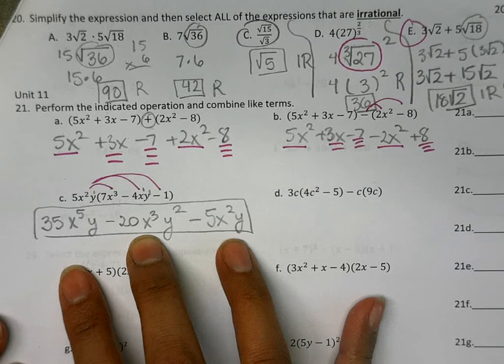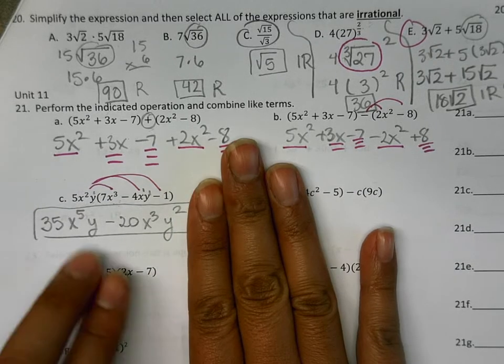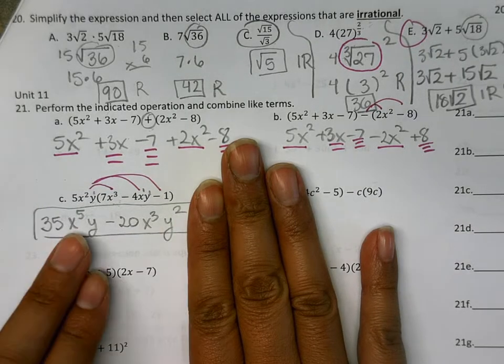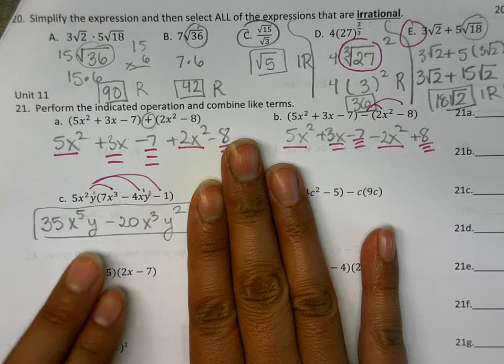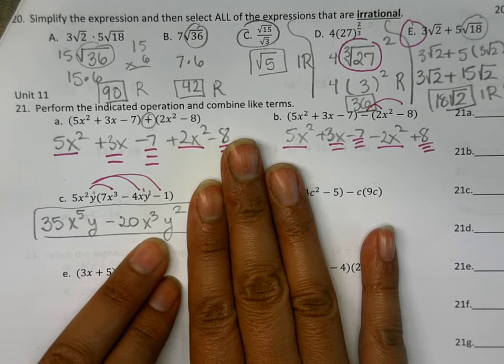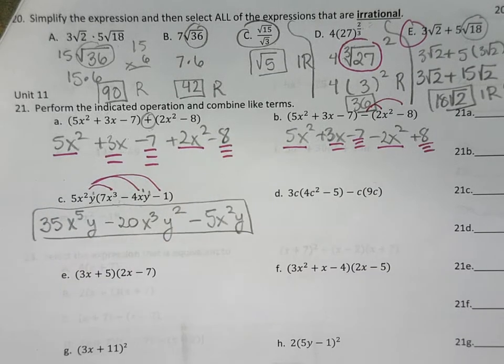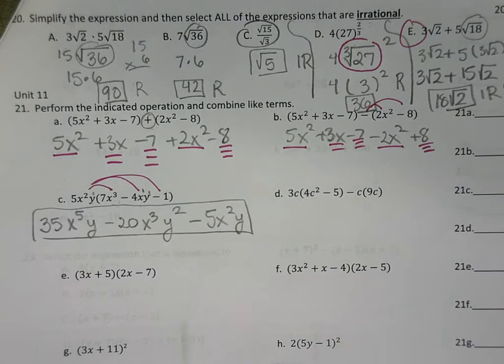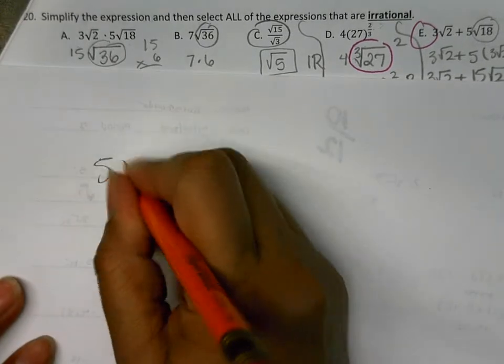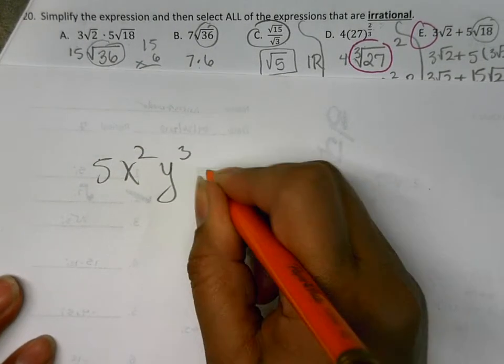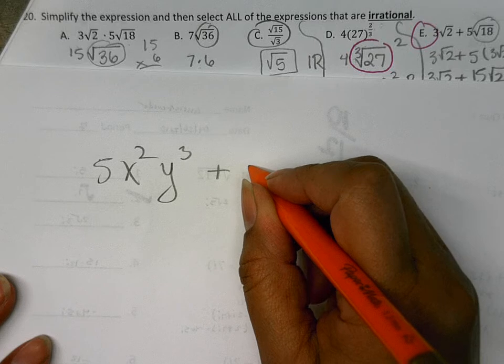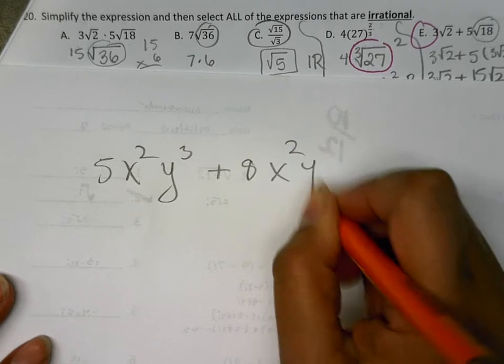There are no more like terms. For example, these two. There's x's and y's, but do they have the same exponents? No, that's an x to the fifth y, and that's an x cubed y squared. The only way to add things together is if they have like exponents. For example, 5x squared y to the third plus 8x squared y to the third.